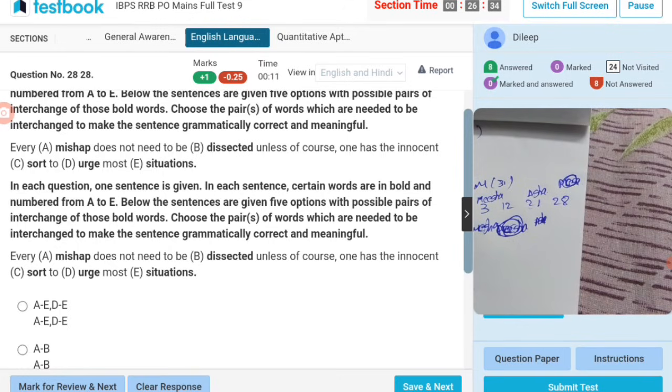One has the innocent... more situations.